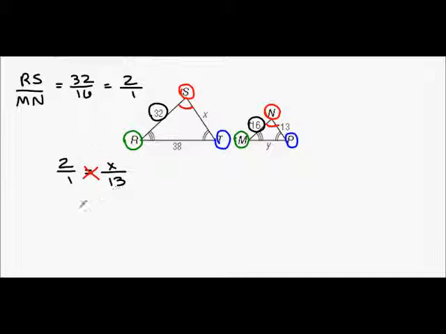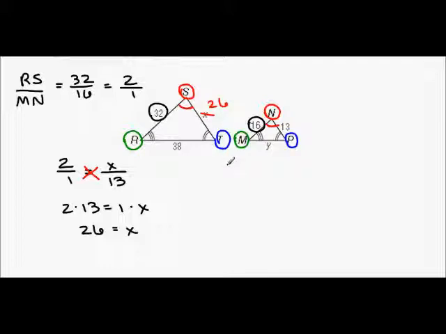So we're going to end up with 2 times 13 equals 1 times X. 2 times 13 is 26. 1 times X is just X. So I can cross out my X and put a 26 there.